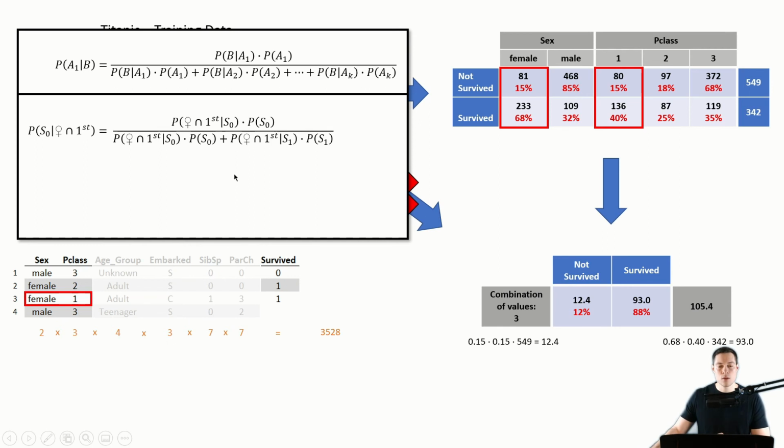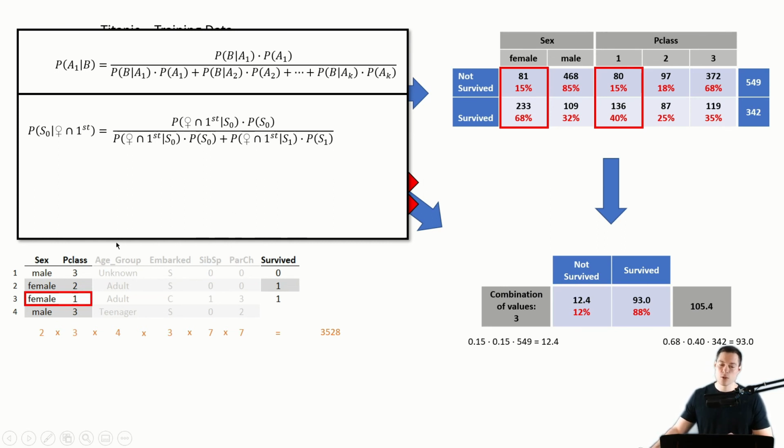However, we can't make use of this formula in this specific form, and that's because of those conditional probabilities here. Namely, for this conditional probability, what we want to know is, given that the passenger did not survive, so we are only looking at the non-survivors, how many are there that are female and travel in the first class. In this case, since we are only considering 2 features, this is actually not a problem.